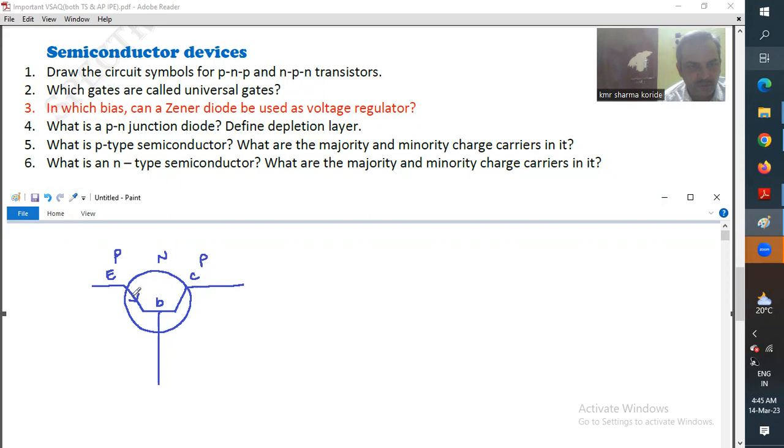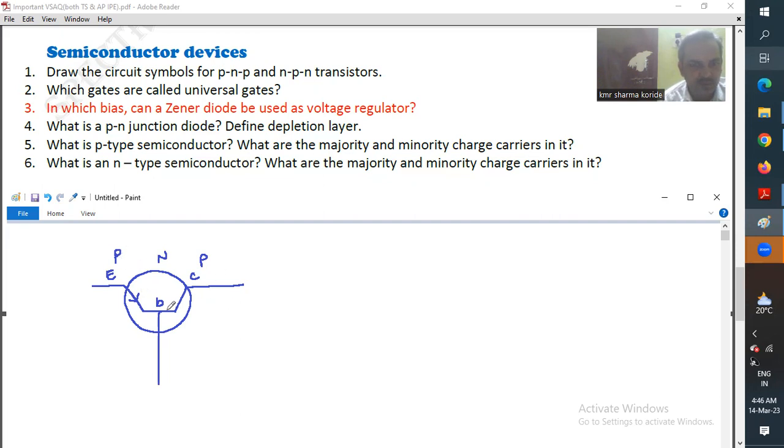So current is mainly due to holes, so positive charges. Because the current is due to the flow of positive charges, the direction of current as well as the flow of charges, particularly holes, is the same.